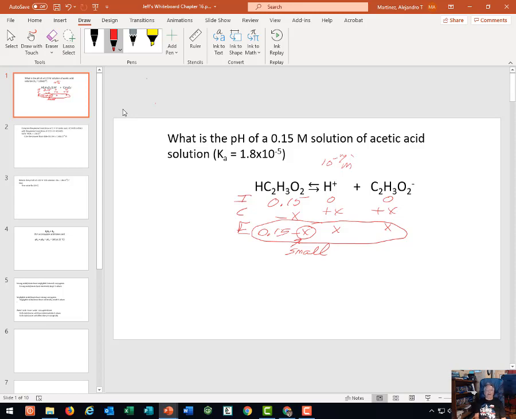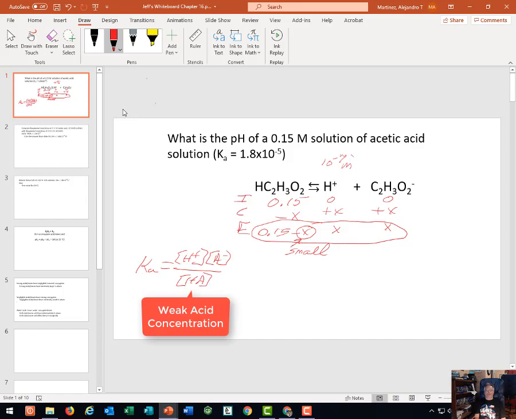We can ignore it. So we're going to put together our equilibrium constant expression, which will be Ka is equal to H plus times A minus divided by the HA concentration. And then we're going to substitute our values from the equilibrium constant expression.